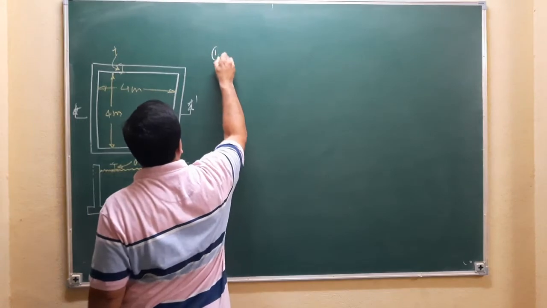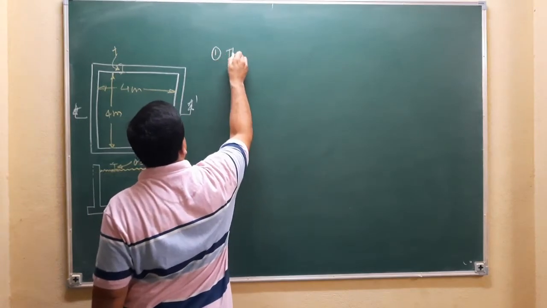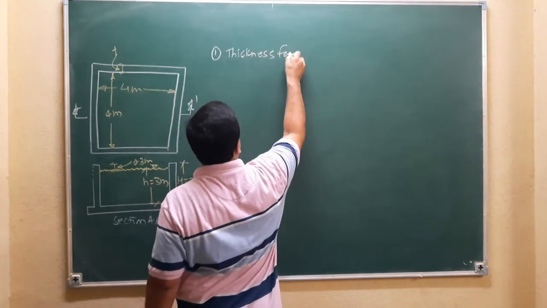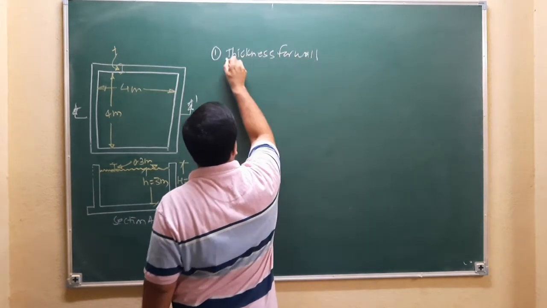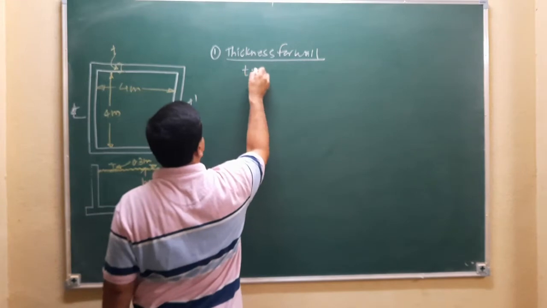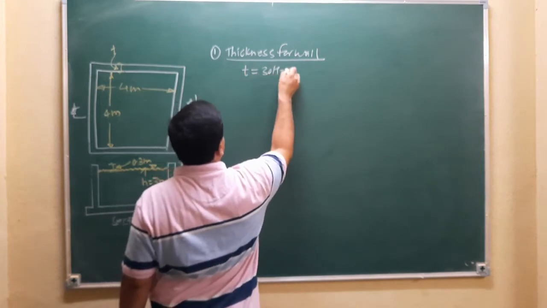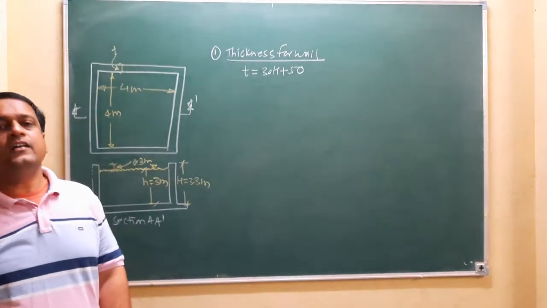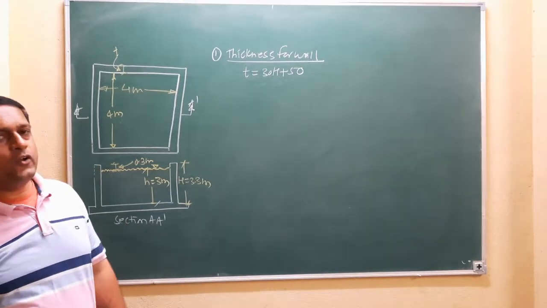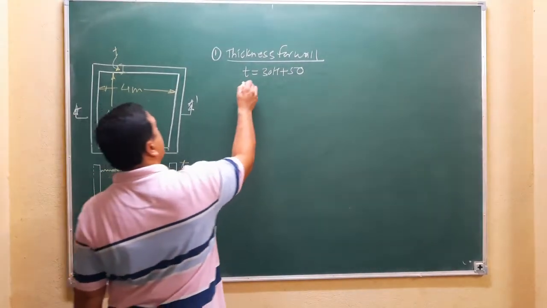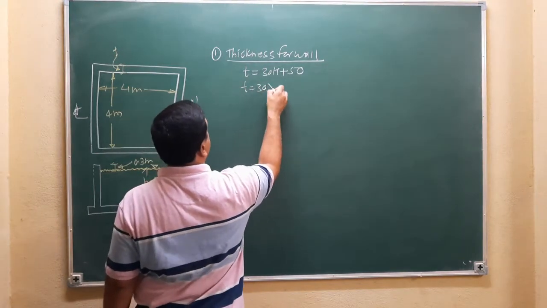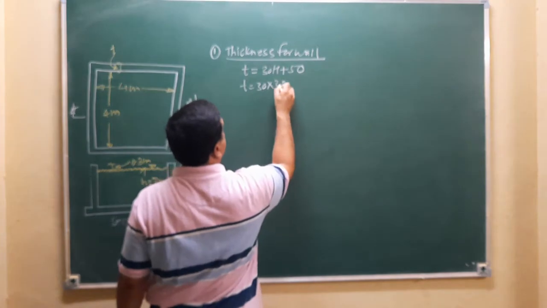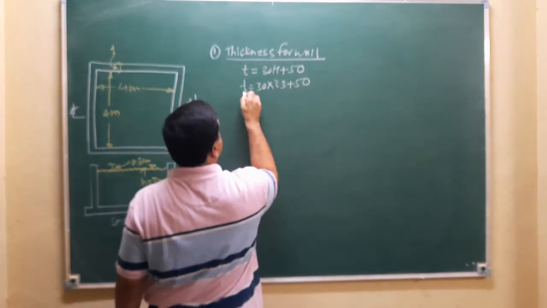Step number 1: provide thickness for the wall using the approximate criteria 30H plus 50. That is the criteria that you have to adopt for the thickness of the wall. What is the H? H is 3.3 meter, plus 50.